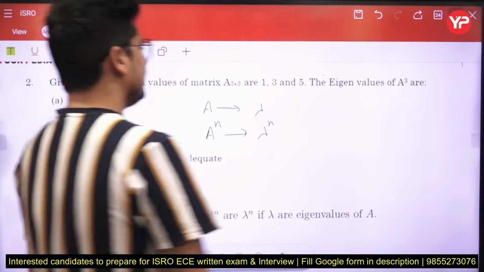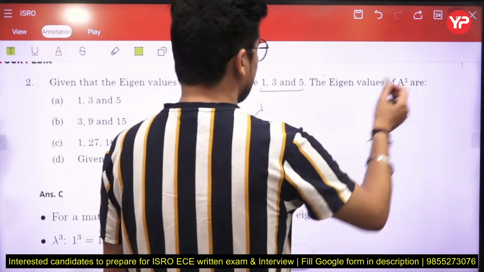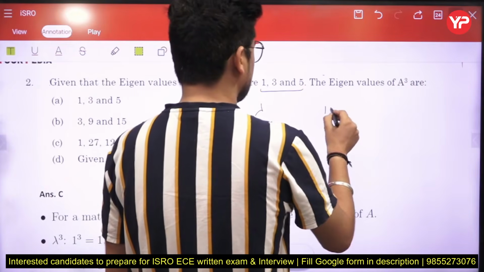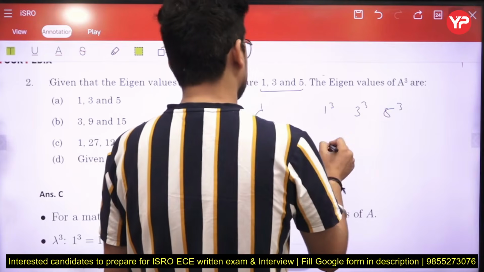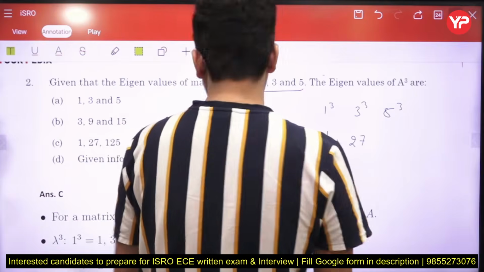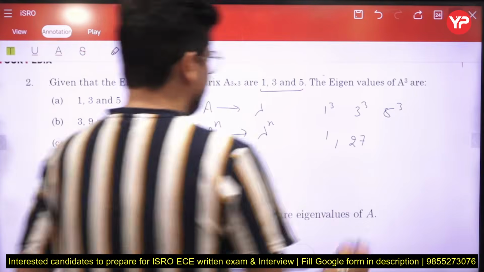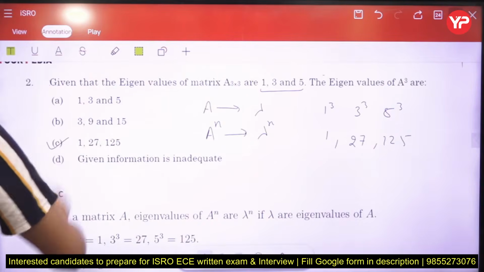So if the eigenvalues of the matrix are 1, 3 and 5, then A cube will have the eigenvalues 1 cube, 3 cube, 5 cube. 1 cube is 1, then 3 cube is 27 and 5 cube is 125. So which one is the answer? The answer will be C.